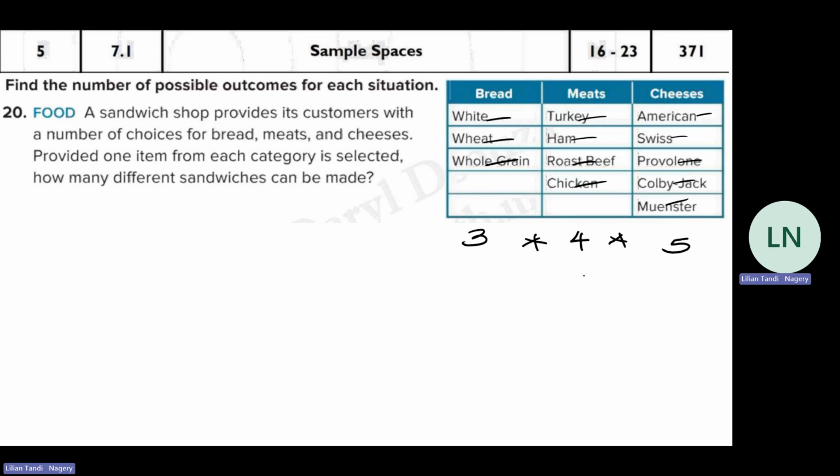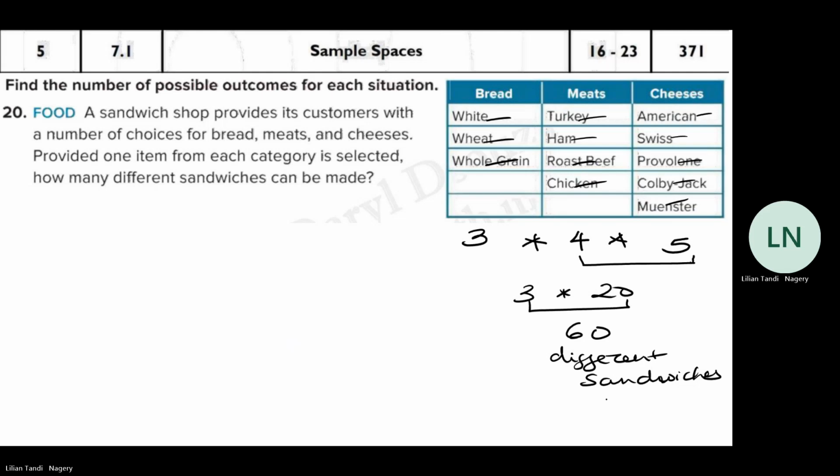I will multiply. This is easy. This is 20 times 3. That gives you 60. So you write 60 different sandwiches can be made. And you box your answer.